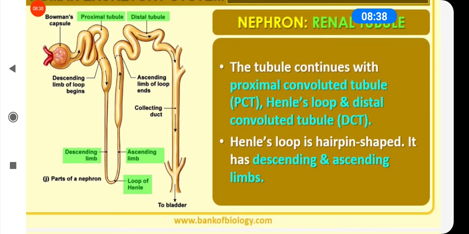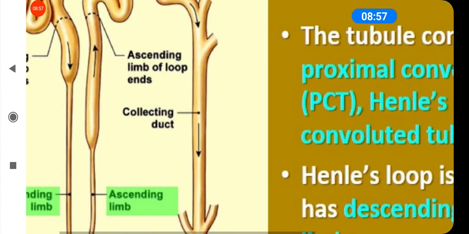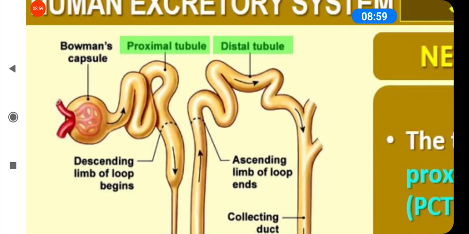Now coming to the renal tubule, the second part of the nephron. Now you can see over here, look here, first is the proximal convoluted tubule. Convoluted means turned, twisted.